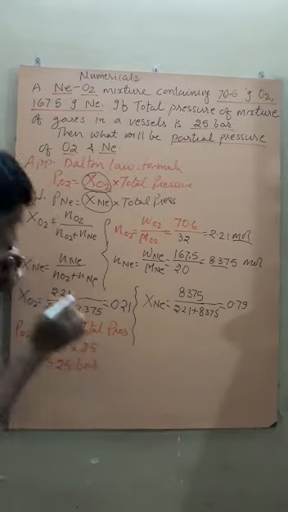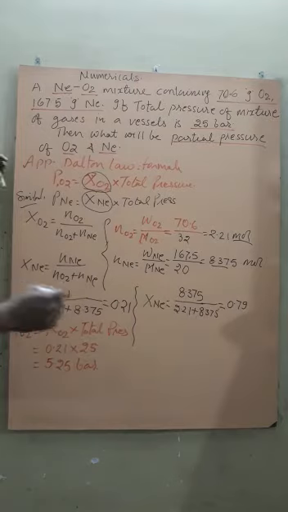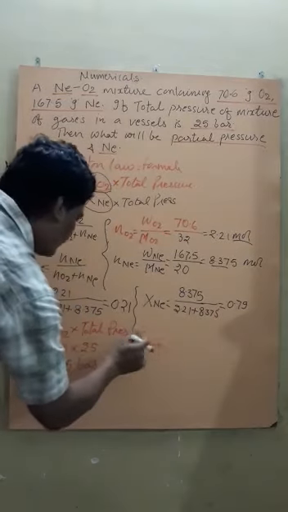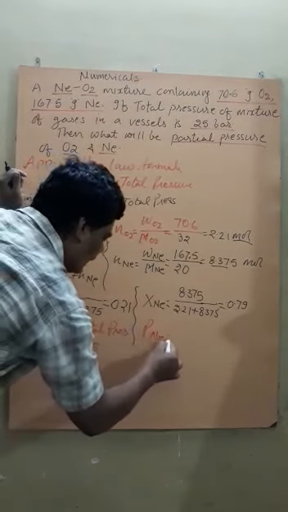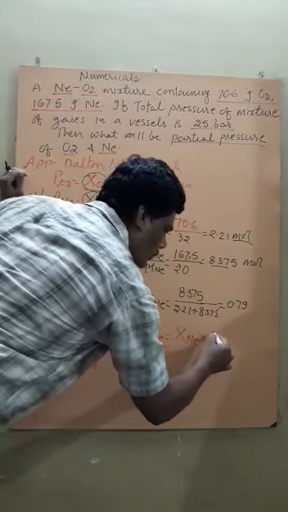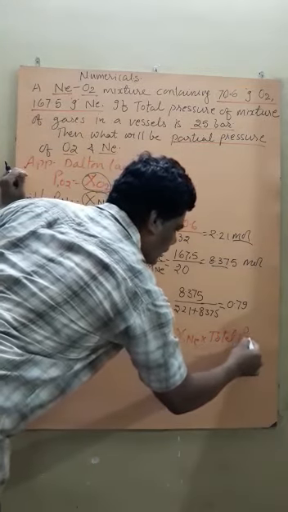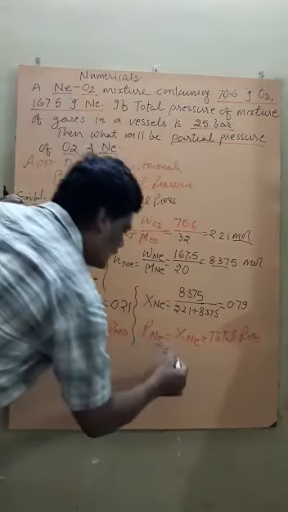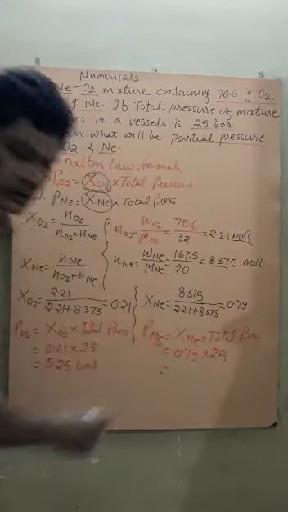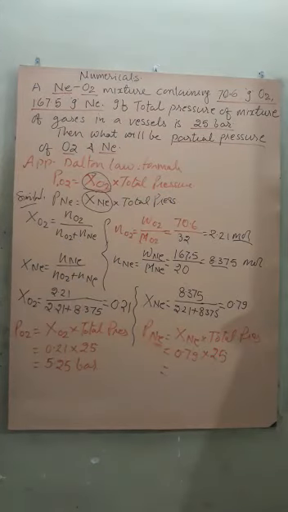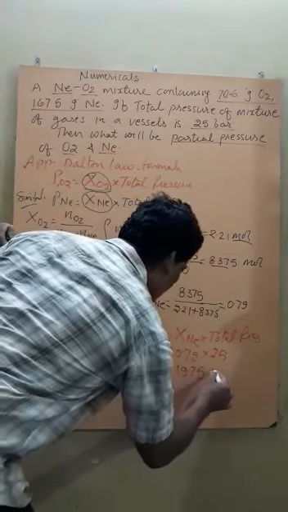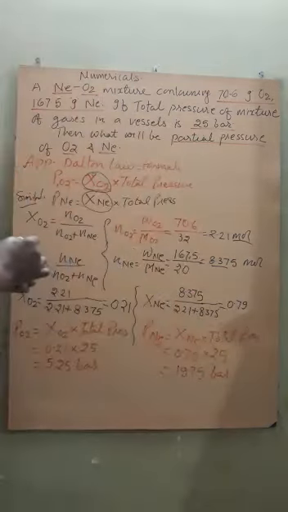Isn't it? Similarly, when you place the value for XNe, the partial pressure of neon is equal to the mole fraction of neon multiplied by the total pressure. So XNe is 0.79 multiplied by 25, and you will get 19.75 bar. So in this way you can solve the question.